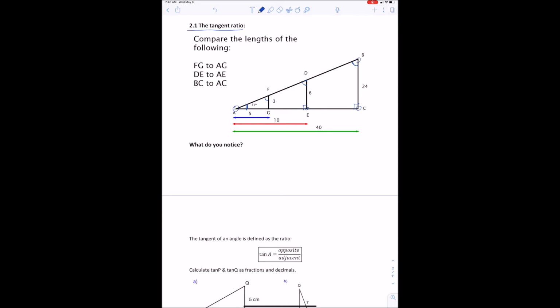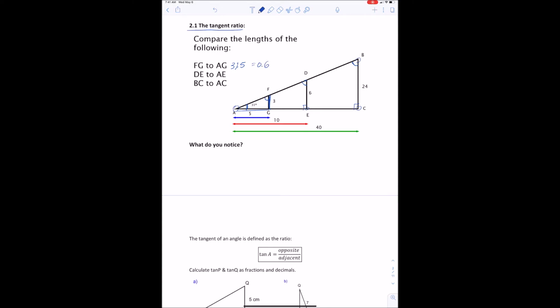And what we're comparing first is the length of FG in the small triangle, which is 3, to AG, which is 5. So if I write this as a decimal, 3 over 5 is 0.6.